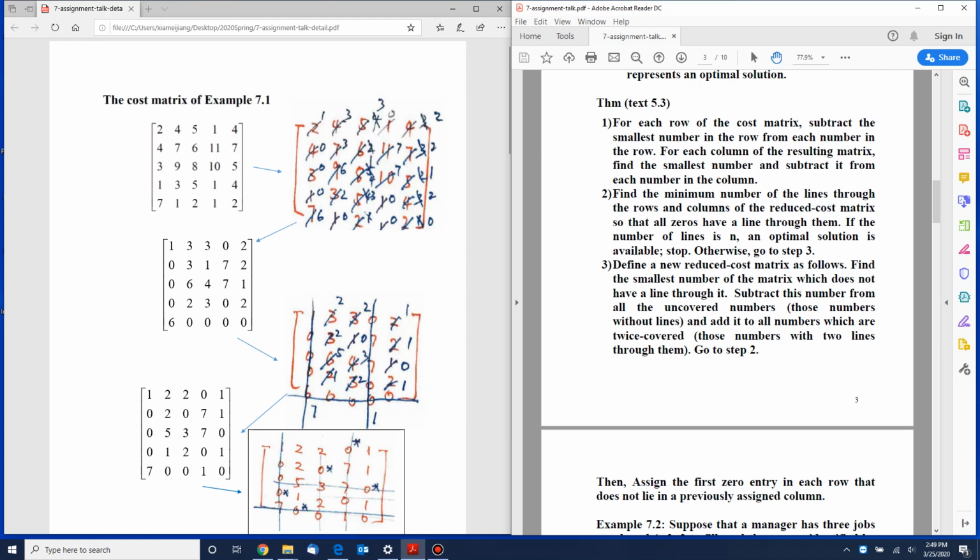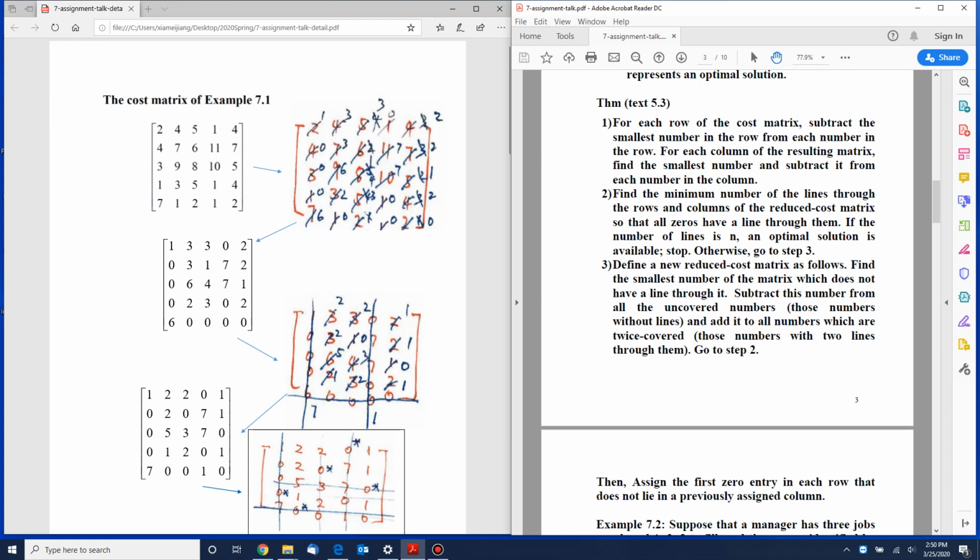Okay, so we worked this out for all the rows, and you can see on the left of this matrix I already did the crossing out, because we don't want to write the matrix again. The next step, once we finish each row, is for each column of the resulting matrix, to find the smallest number and subtract it from each number in the column.